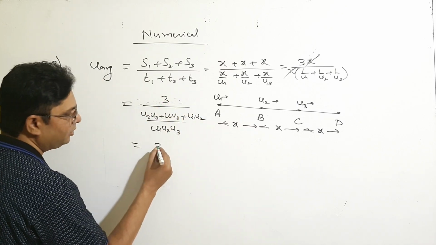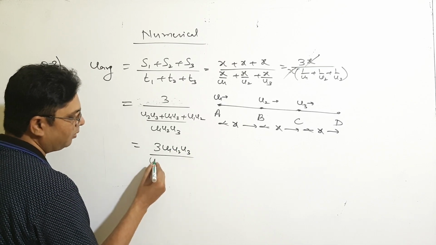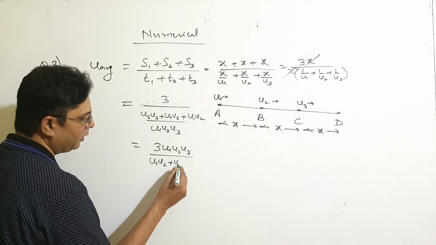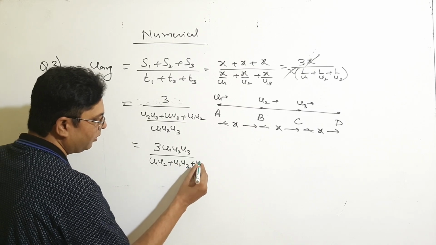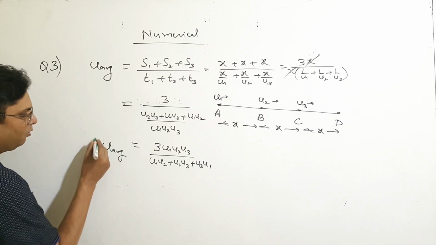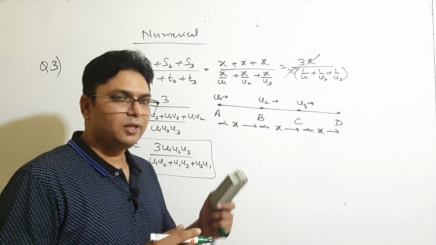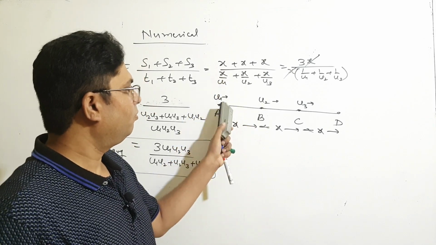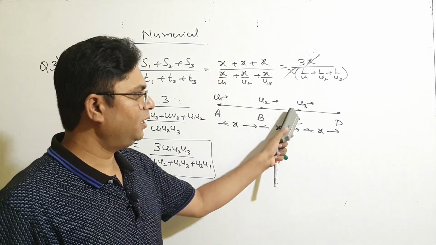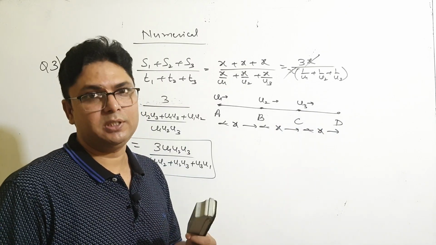So you can write 3 u1 u2 u3 divided by u1 u2 plus u2 u3 plus u3 u1. This is the u average when you cover three equal parts of distance, each 1 by 3 of the total distance.